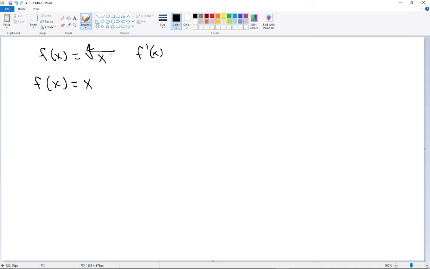So x is to the power of 1 over 4. Then you just take the derivative. That will be 1 over 4, x to the power of 1 over 4 minus 1, which is negative 3 over 4. And that's pretty much it.